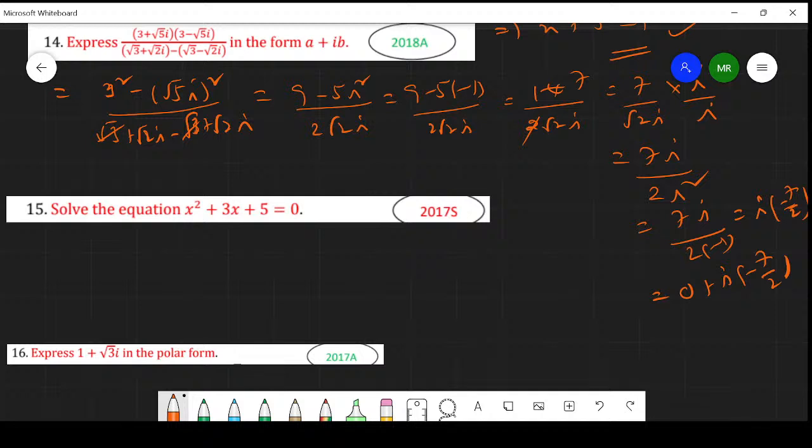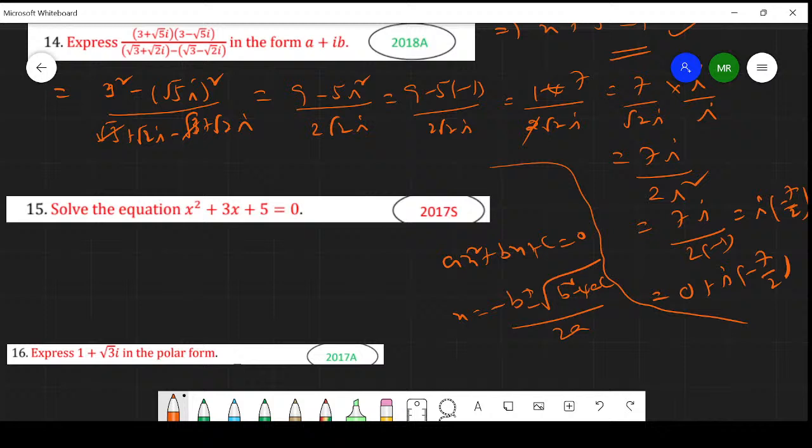To find the value of x, we have to use a formula. Whenever the quadratic equation is ax square plus bx plus c equal to 0, we write the formula x equal to minus b plus or minus root of b square minus 4ac by 2a.